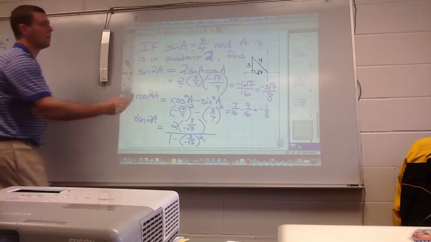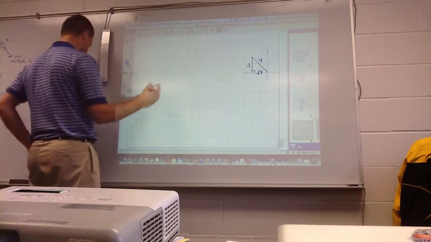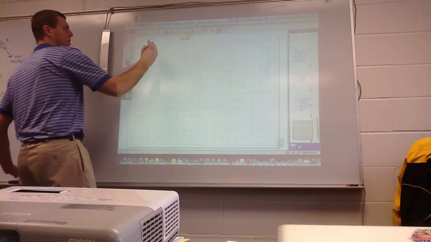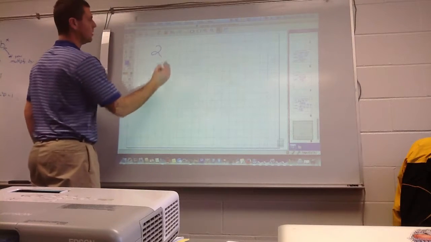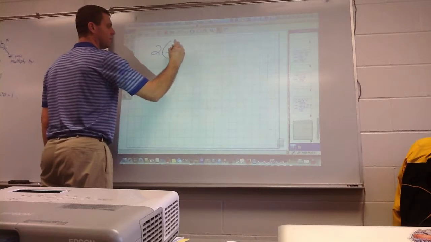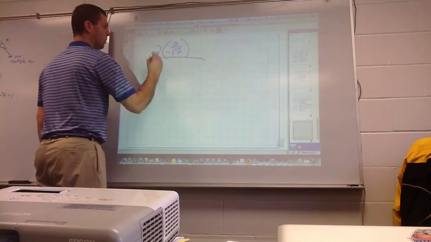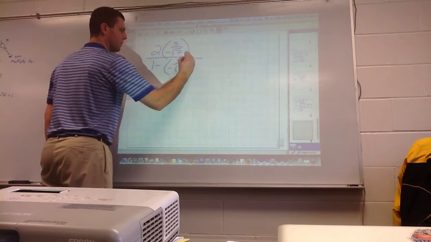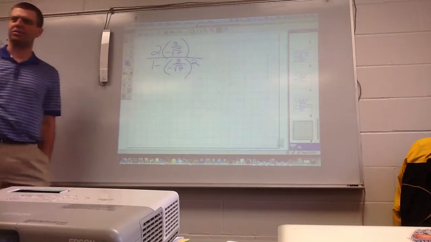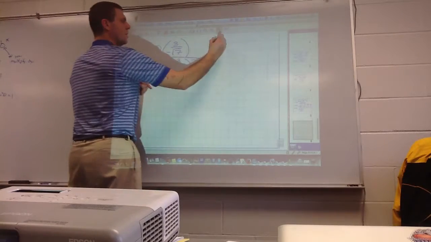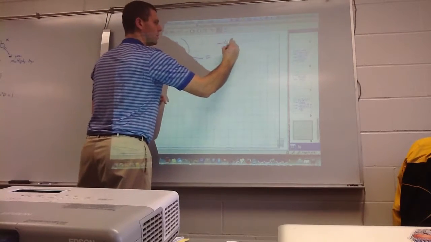Do you have to get the radical? Yeah. I'm gonna write this a little larger here, so people can see. 2 times 3 over negative root 7, over 1 minus 3 over negative root 7 squared. I'm gonna go pretty fast here. This gives me negative 6 over root 7 on top.